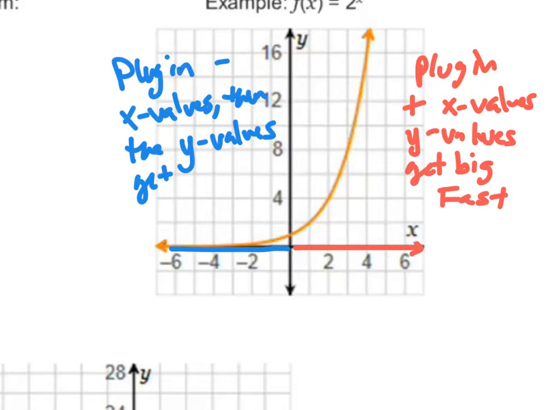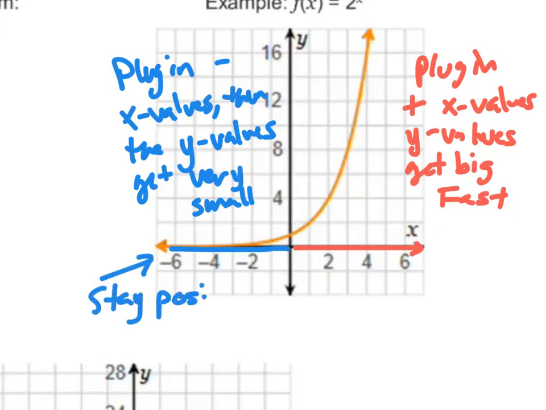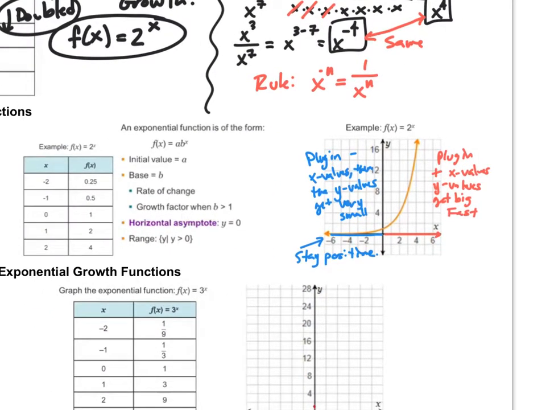But they don't go negative. These stay positive. And that's where you get the idea that your range is going to be positive values for your y value. And that's the idea.